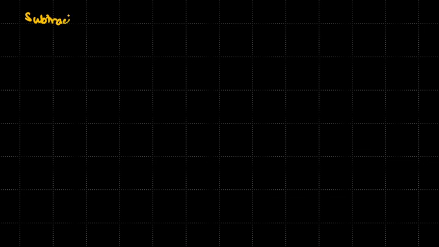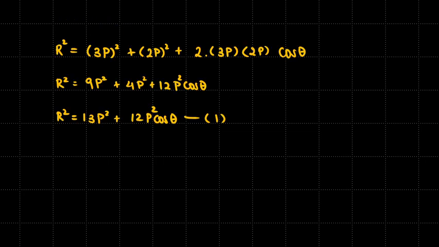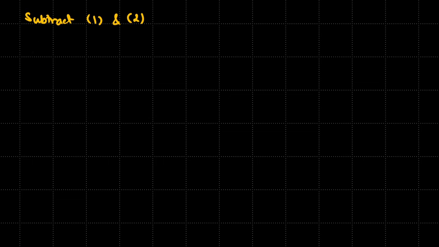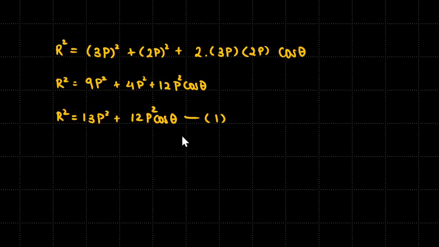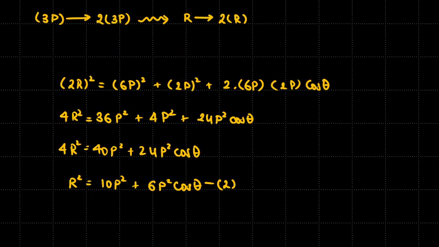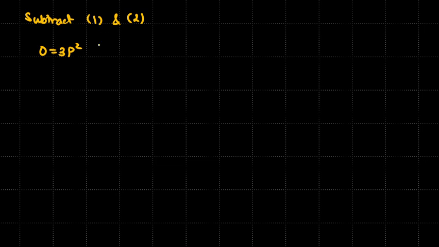If you subtract 1 and 2, the R squared cancels out, so it's going to be 13P squared minus 10P squared, which is 3P squared. So 0 equals 3P squared, and we have 12P squared cos theta minus 6P squared cos theta, so you will have 6P squared cos theta left.